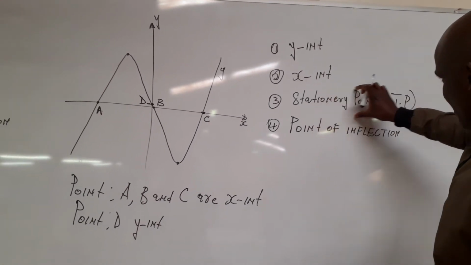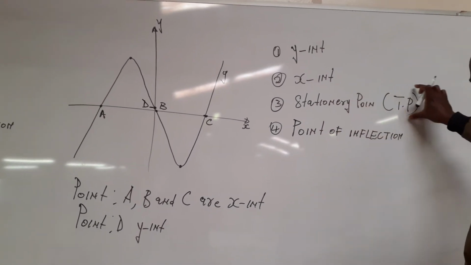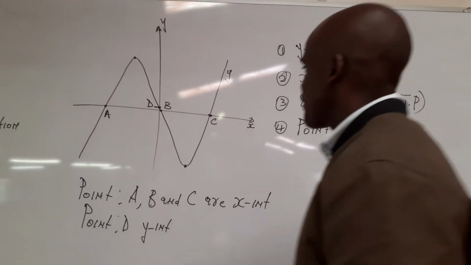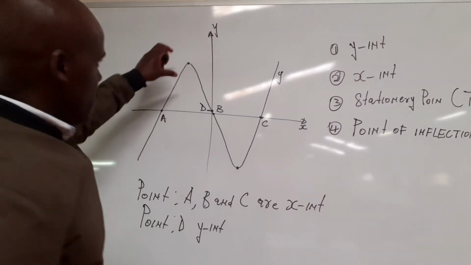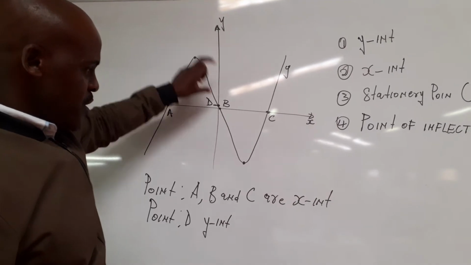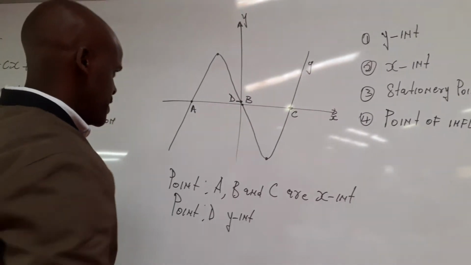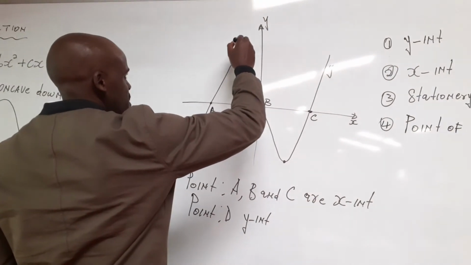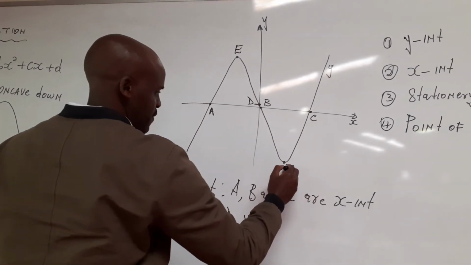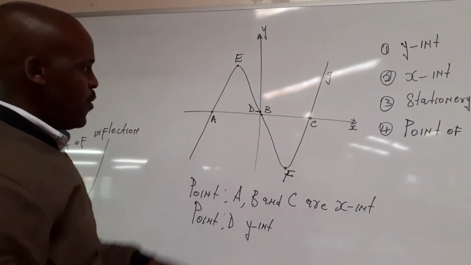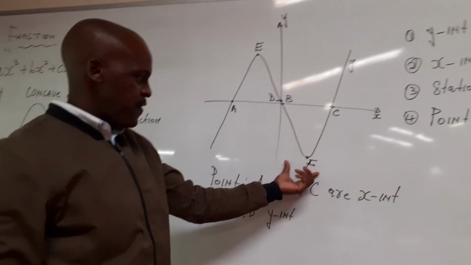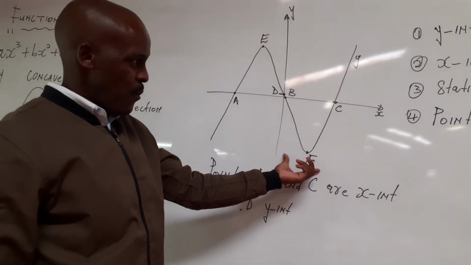And then we've got this point, which is the stationary point or the turning point. That is a turning point. Let's say this is point E and point F. Points E and F are our stationary points.